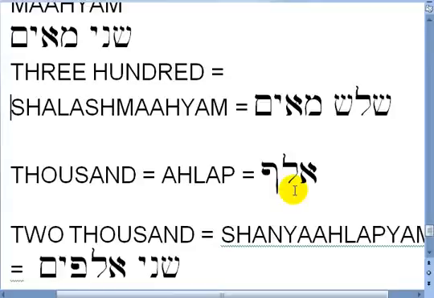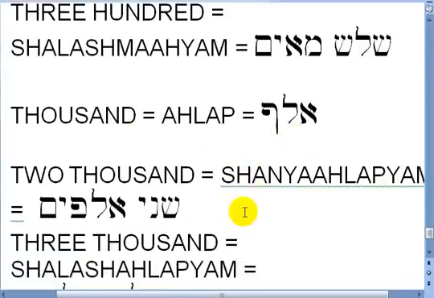So the word alap also means cattle. You would pretty much round it off. So the word alap means 1,000, and it also means cattle.